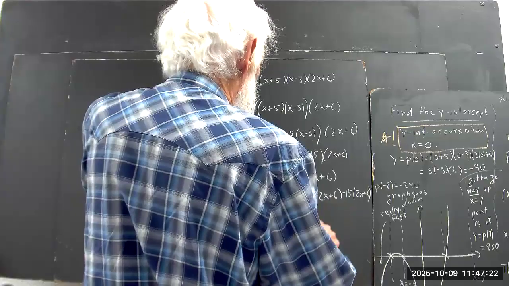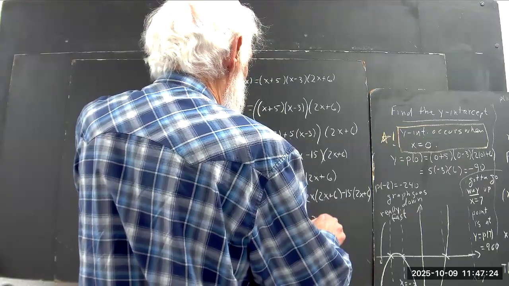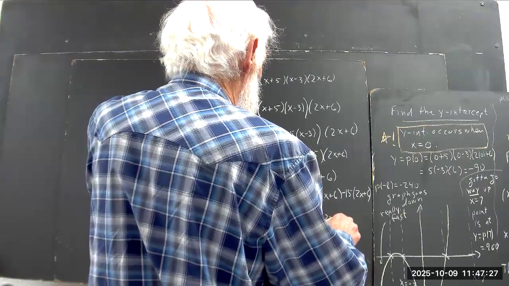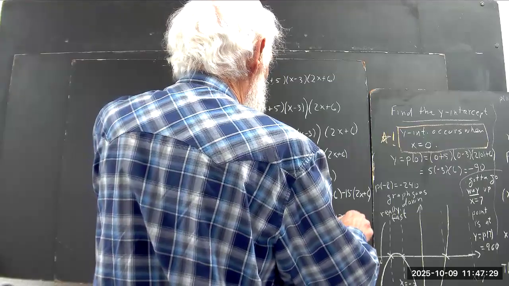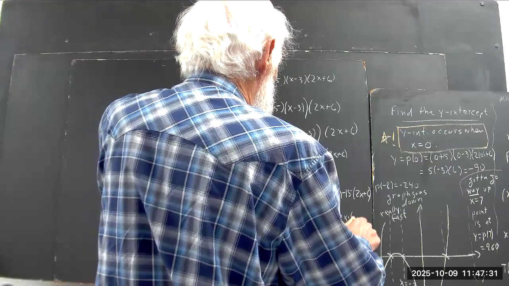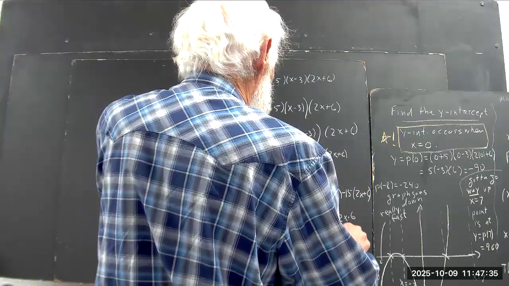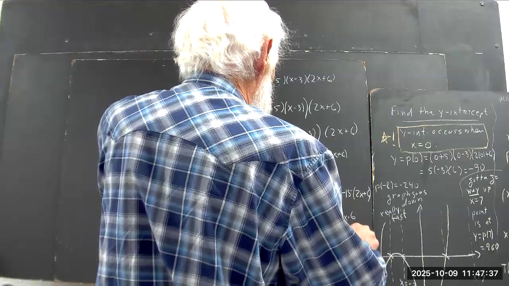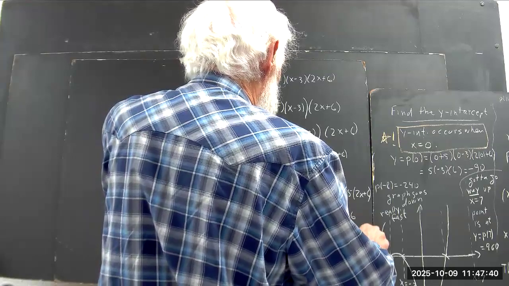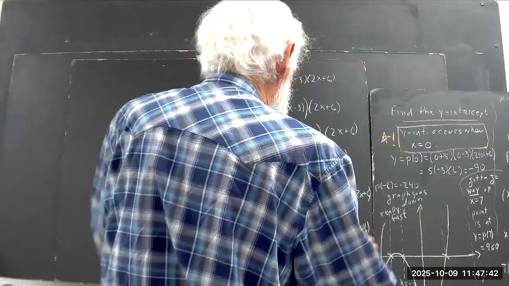And now the 2x is going to multiply the 2x. And I'm kind of out of room, but I'll just wrap around here. And the negative 15 multiplies 2x, and negative 15 will multiply 6.